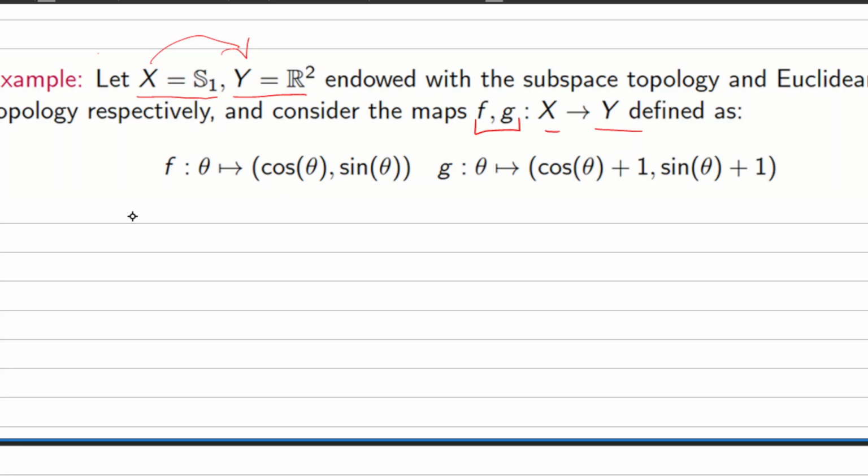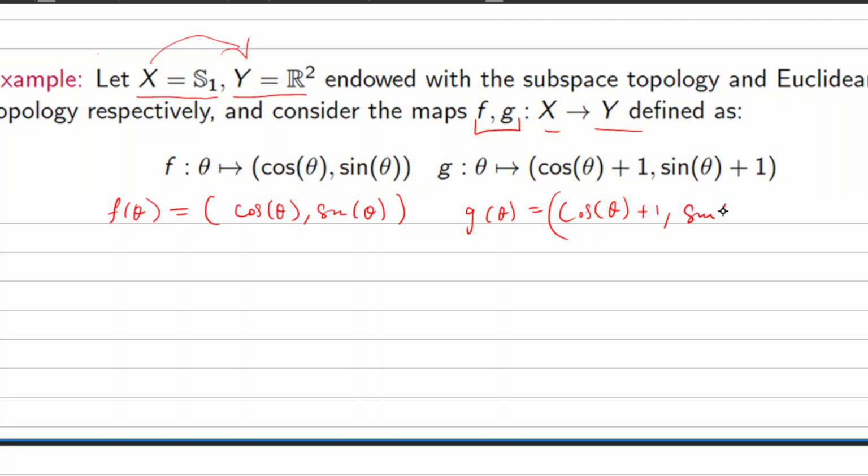They are defined by this: f of theta is equal to cos of theta, comma sine of theta, and g of theta is equal to cos of theta plus 1, comma sine of theta plus 1.